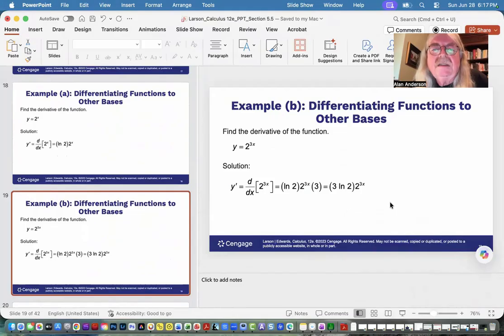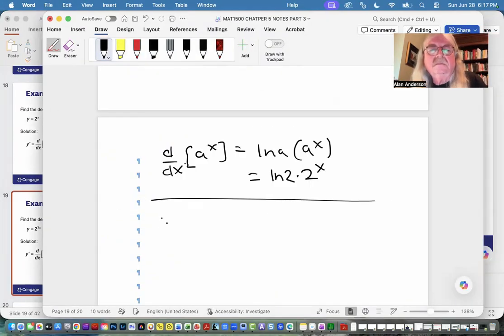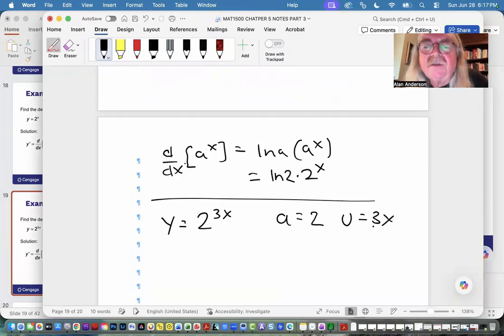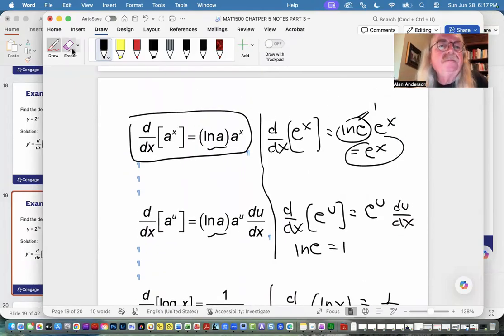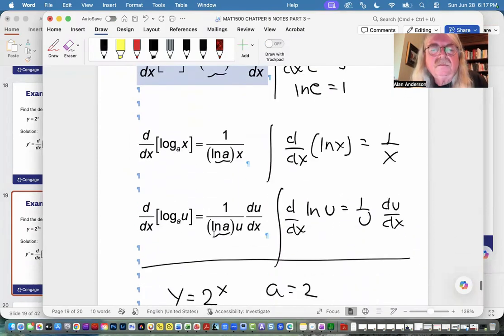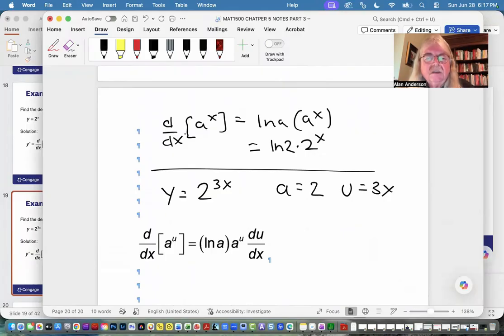How about this one? y equals 2 to the 3x. And now this 3x, because it's a function of x, not just x, we're going to call that u. So let's find that rule. Here it is. And of course, du dx will be 3.